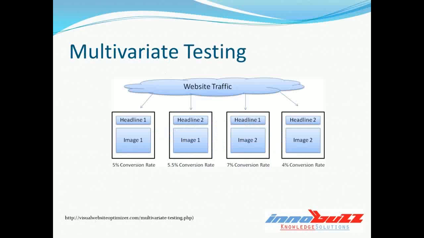On a much more complicated scale is multivariate testing. Multivariate testing allows you to test multiple instances of things together. Because let's just take an example. Let's say that we were testing just our headers and then just our images, but we had a lot that we wanted to test, like 10 headlines, 10 images. Well, that's going to take a bit.